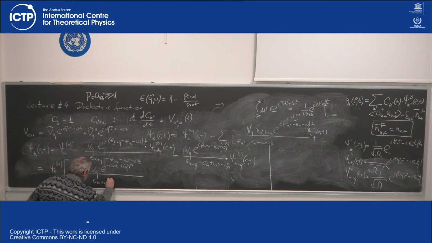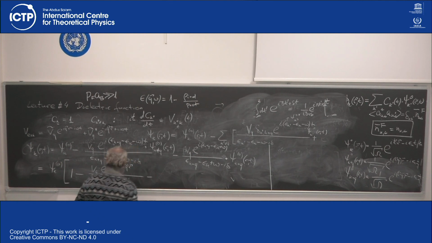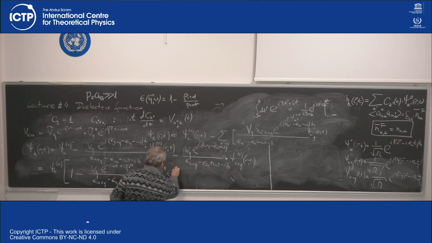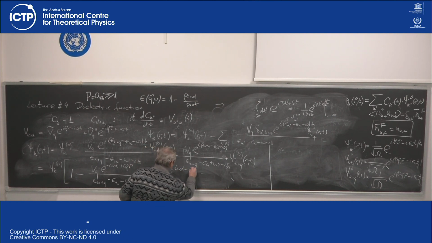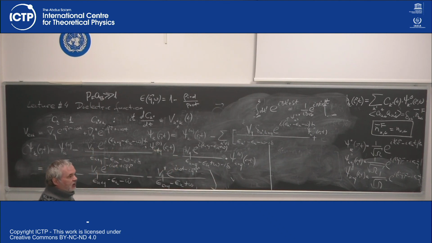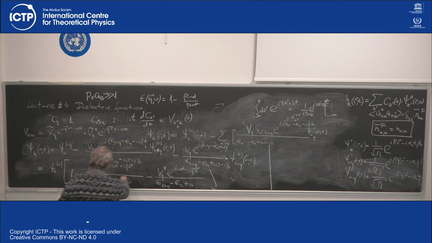Epsilon k plus q minus epsilon k minus omega, minus VQ star e to the power, here I have I omega t minus IQR, divided by epsilon k minus q minus epsilon k plus omega. That's it. So, in the lowest order of perturbation, lowest order V, I wrote this expression.